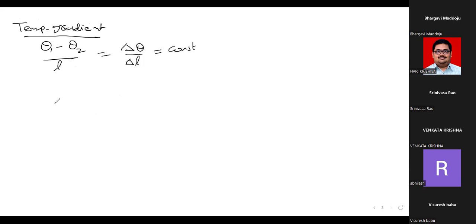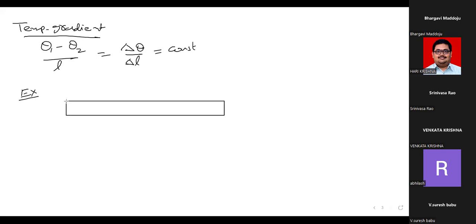Based on this, problems are given like this. For example, I will give one problem. Suppose this is one rod. The temperature at this end is 200 degrees centigrade, and at the other end it is 20 degrees centigrade. The energy flows from the 200 degrees centigrade end to the 20 degrees centigrade end. The length of the rod is 1 meter.